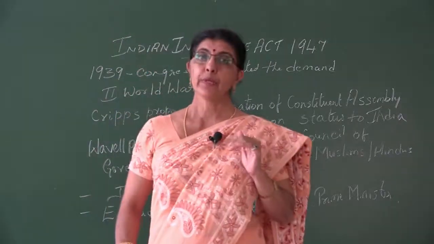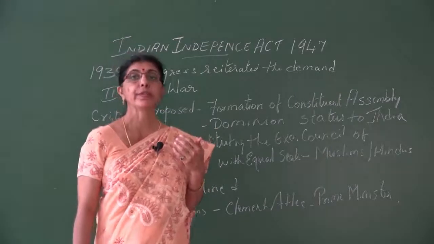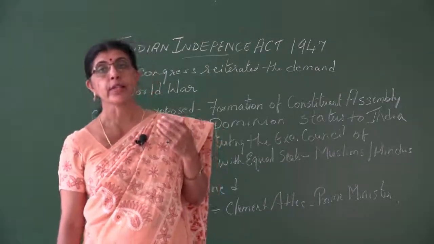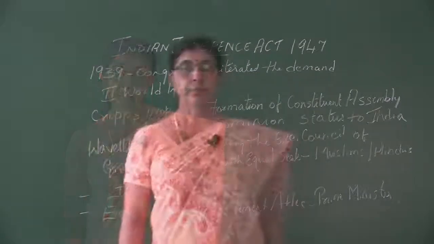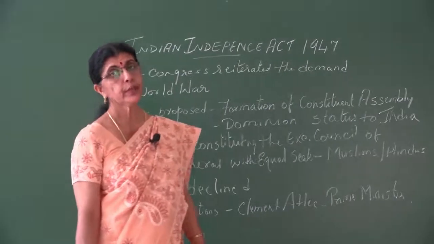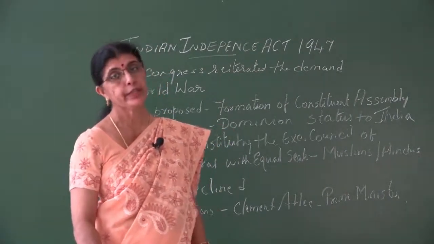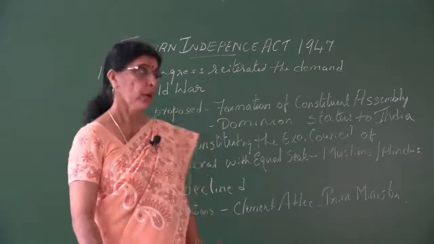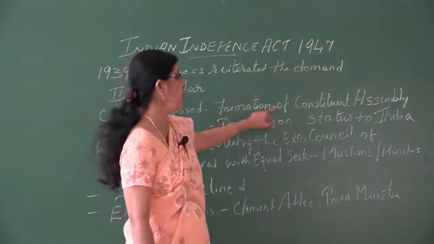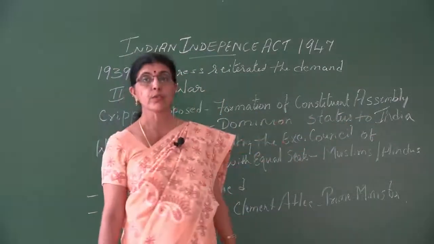When this happened, the British government realized the importance of India because Japan also had entered the Second World War. And Sir Stafford Cripps was sent by the British government to convince the Indians, since Japan also had entered war. Now, at that time, Cripps came in and he proposed formation of constituent assembly and dominion status to India.